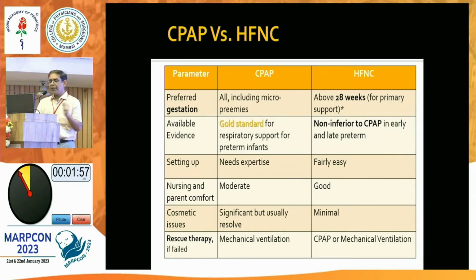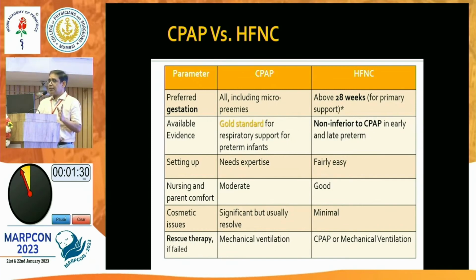Now, when we compare both modalities, what do we see? CPAP can be used at all gestations, but HFNC is likely to be more successful beyond 28 to 30 weeks. Available evidence shows that CPAP is the gold standard for respiratory support for HMD, whereas high flow nasal cannula is just as good as CPAP, or non-inferior, mainly in early or late preterm.